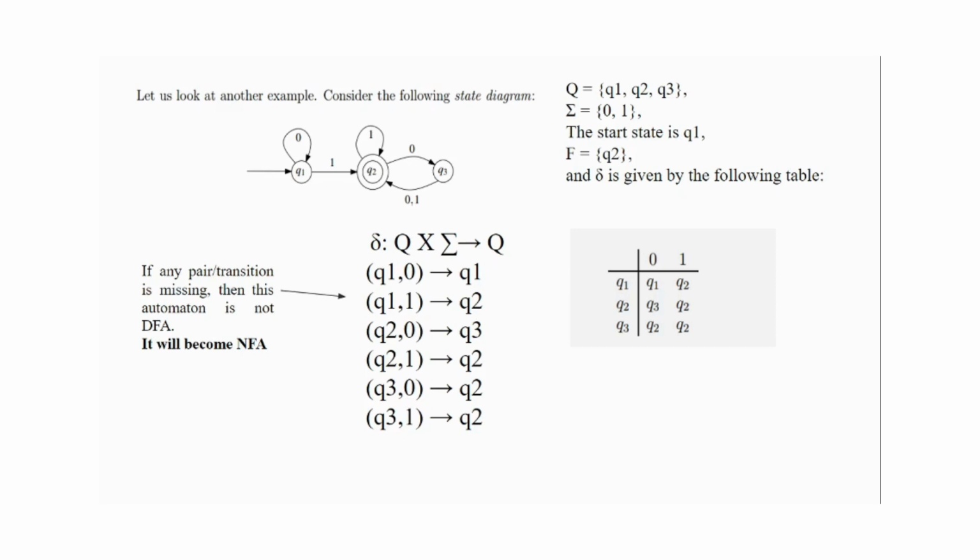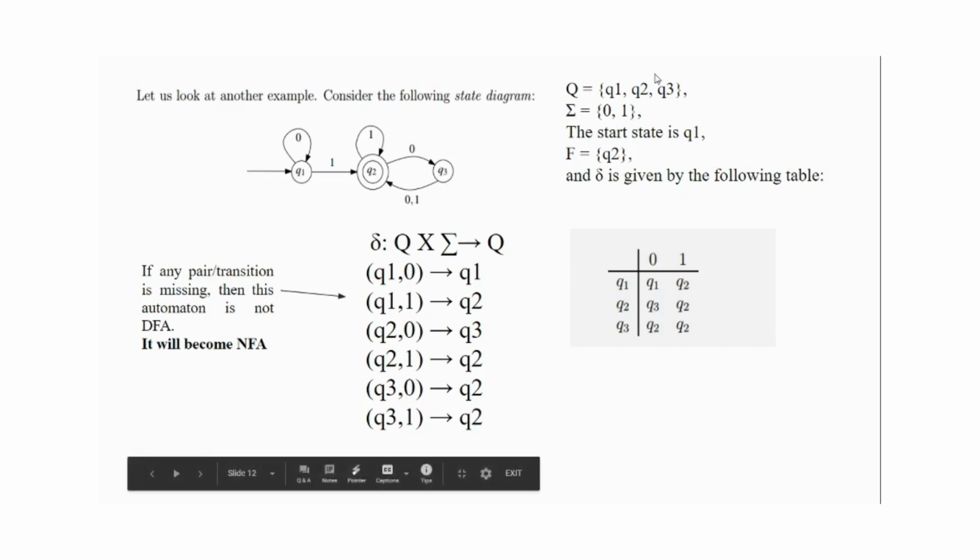So what should be in a DFA? First, for every state and each input, there should be all pairs. So 3 into 2 equal to 6. We must have 6 pairs here: 1, 2, 3, 4, 5, 6. So 3 states into 2 input alphabet, that's why 6 pairs.